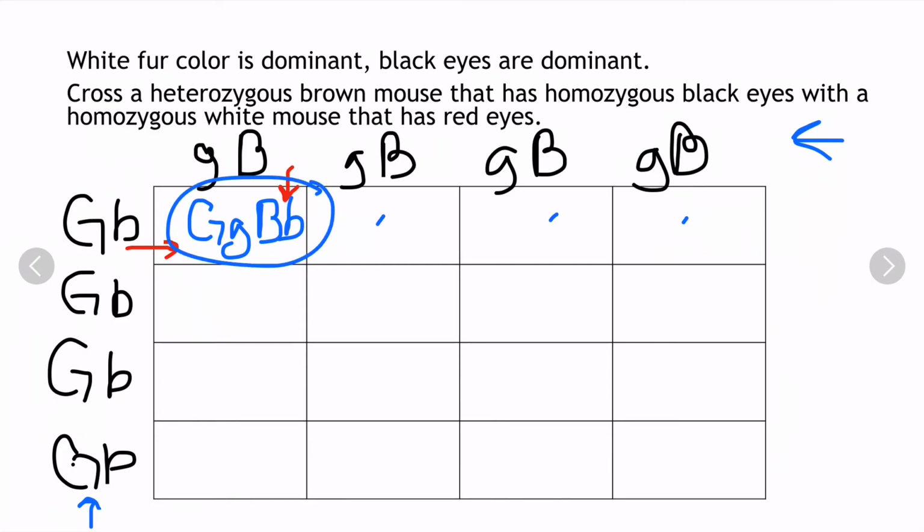What would the phenotype be here? It has 1 dominant for fur color, so the fur color would be white, because white's dominant, and it has at least 1 dominant for the eye color, and since black eyes are dominant, it would have black eyes.